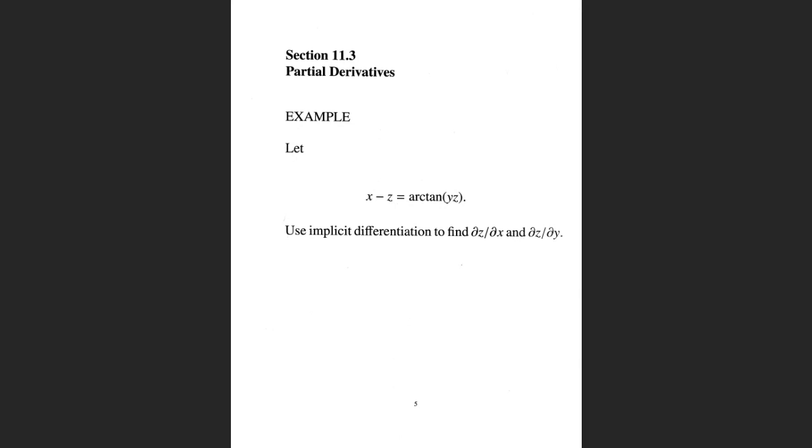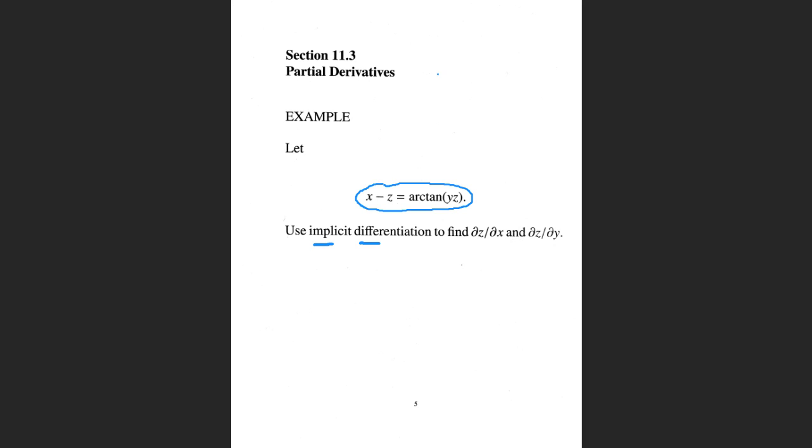Implicit differentiation. How many recall doing that in calculus 1? Yeah, Yaver remembers it. Alberto remembers it. Okay. Well, here we're given an equation that relates the variables x, y, and z.